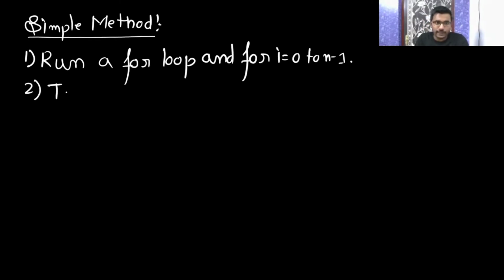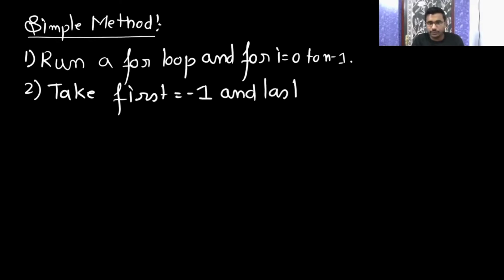Then take first equal to minus 1 and last equal to minus 1. First I am taking as minus 1, meaning first occurrence, and last occurrence also as minus 1. Okay, both I am assuming as minus 1.